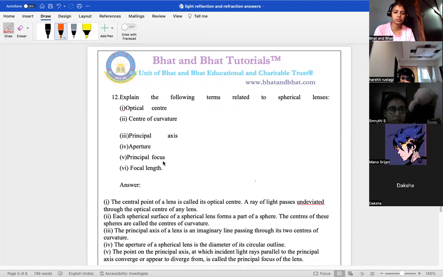So principal focus, you can define it like this: the point on the principal axis at which the incident light rays parallel to the principal axis converge, or appear to diverge from there. Okay, so that is called principal focus.